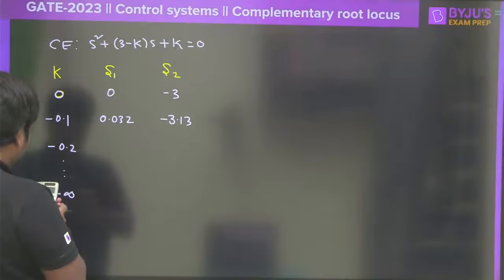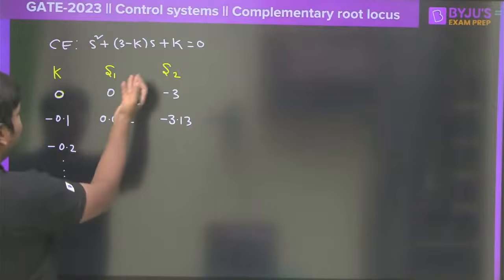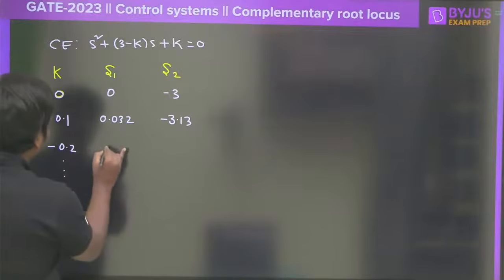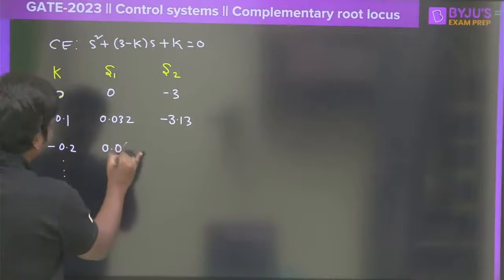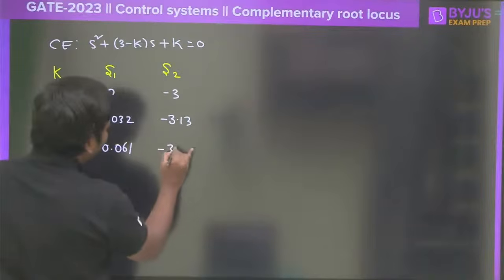Here it is 3 minus of minus 0.2, so it is 3.2. Then this will come as 0.061, and the next one is going to be minus 3.26.